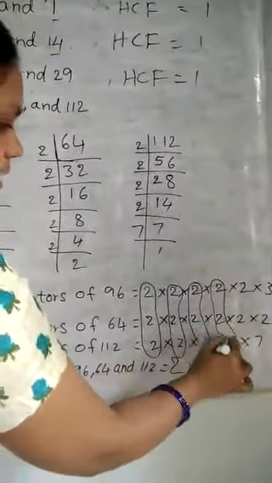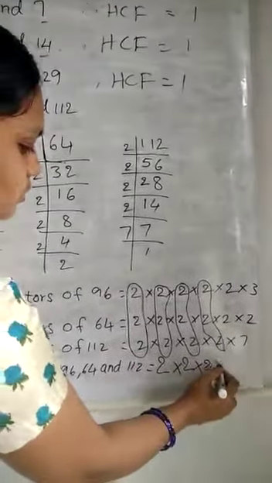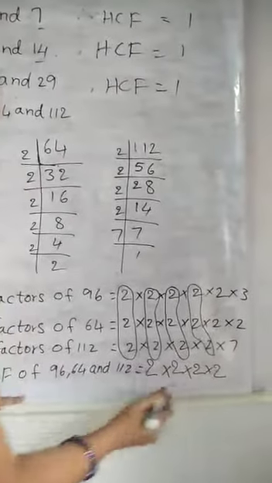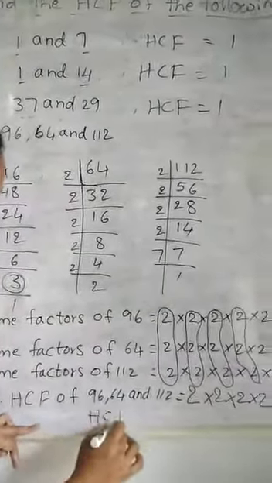Next, 7 is here but it is not there in the others. So these 4 are enough. 2 into 2 into 2 into 2. 2 2s are 4. 4 2s are 8. 8 2s are 16. Therefore, HCF is equal to 16. You understand?